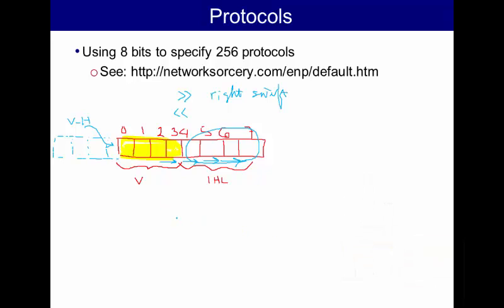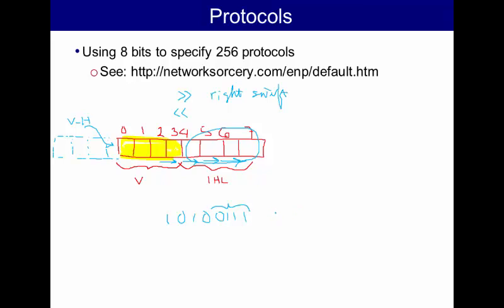Suppose I have 1 0 1 0 0 1 1 1. What I want to capture for IHL is this 0 1 1 1, right?